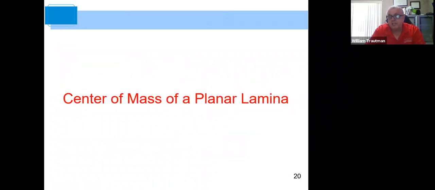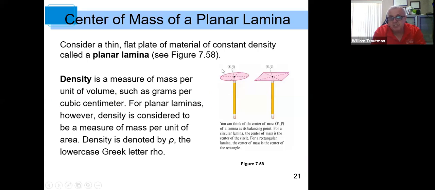All right, what if we're dealing with something more three-dimensional, like a plane with some depth, a planar lamina, a flat plate of material with constant density?